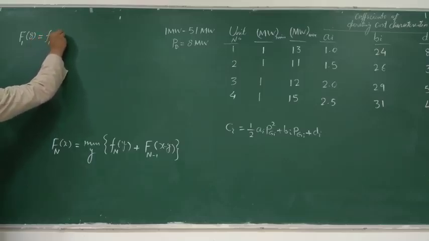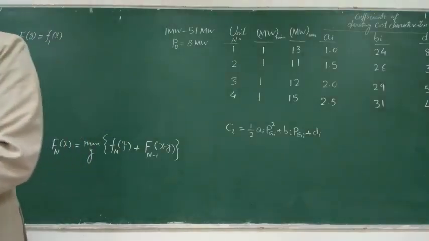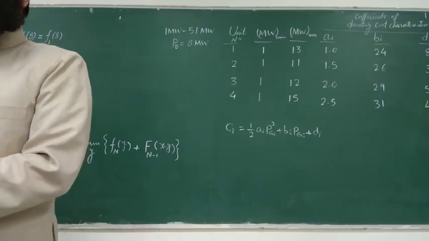F18. How? What is capital F18 and what is small f18? This is the minimum cost of generating 8 megawatt by 1 unit. And this is the cost of generating 8 megawatt by the first unit, right? So it means if the unit is 1 only, then whatever the cost comes out to be, that is the minimum cost of generating that many megawatt.